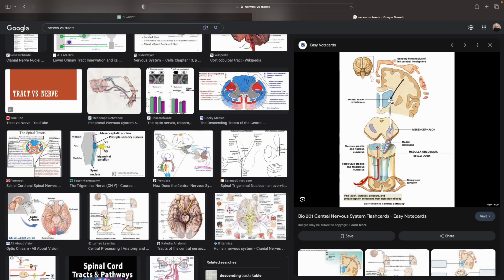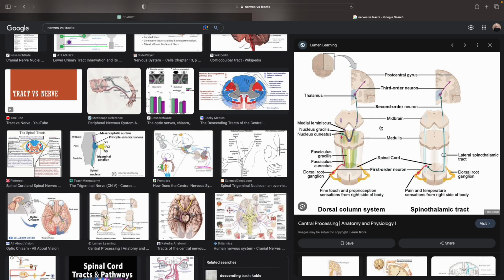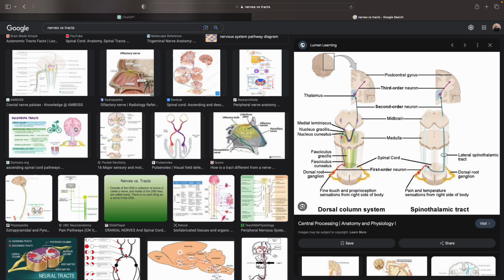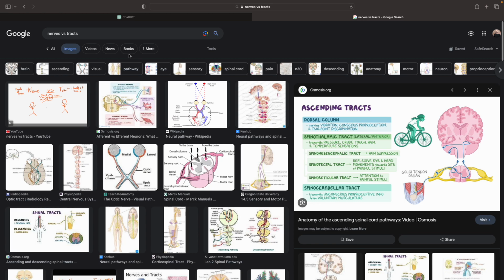Ventral nuclei in thalamus. So nuclei are in the spinal cord. Golgi tendon organ.